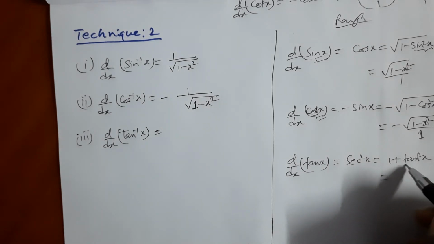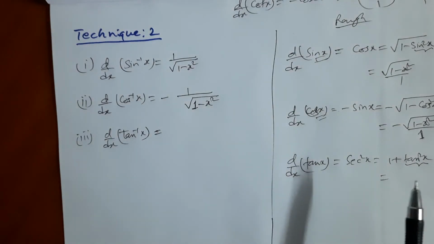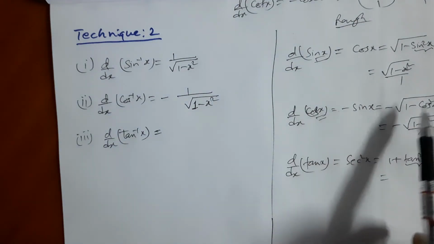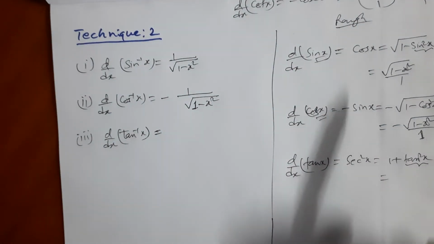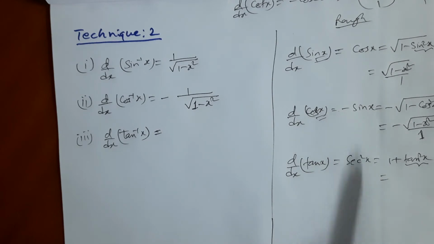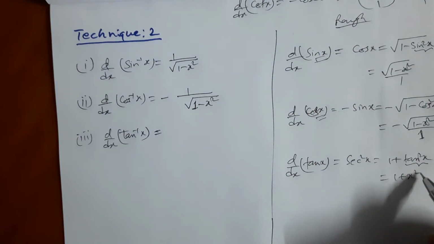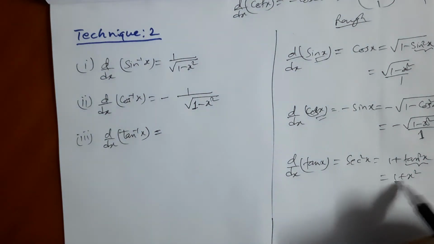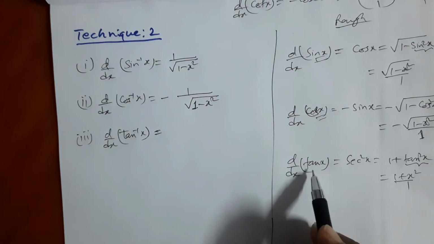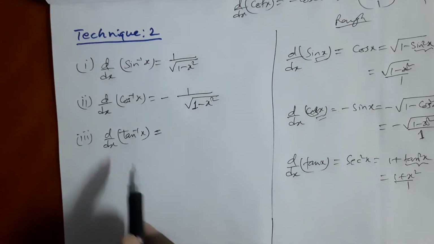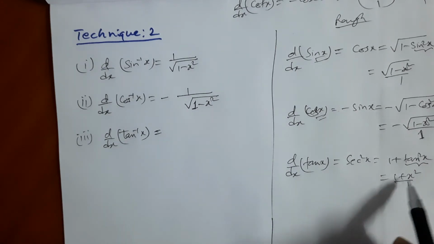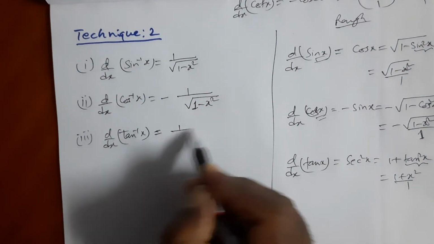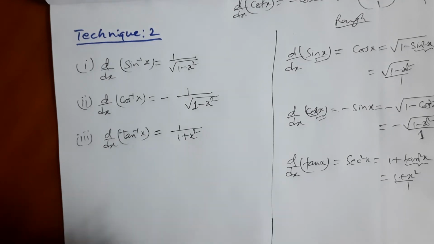Just like we replaced cos and sine by x, similarly tan will also be replaced by x, so 1 plus x square. From the derivative of tan x we got this, but we need the derivative of tan inverse x, so we take the reciprocal: 1 over 1 plus x square.